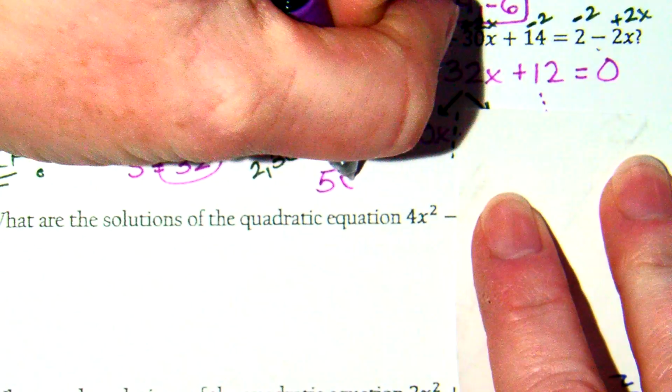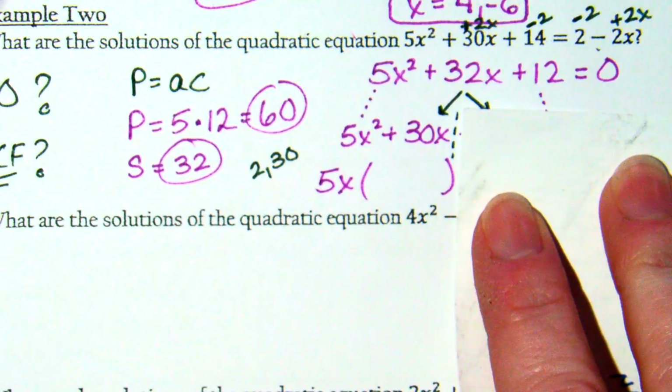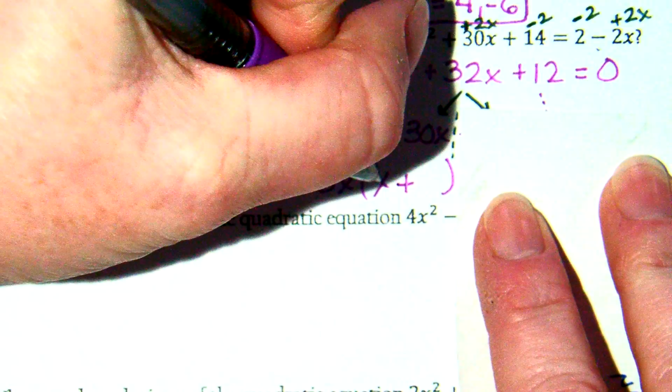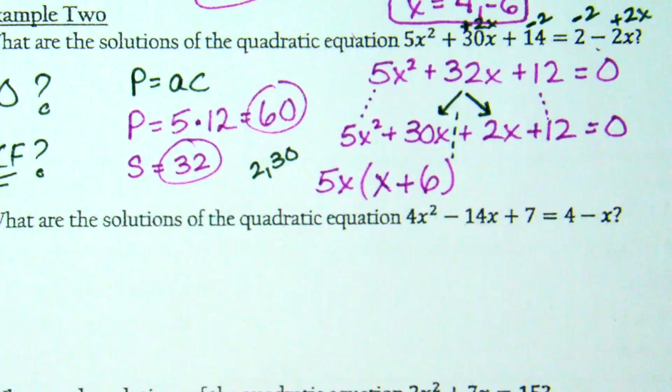So we're going to factor out a 5x out front. 5x squared divided by 5x leaves me with x, plus 30x divided by 5x is 6. So x plus 6.